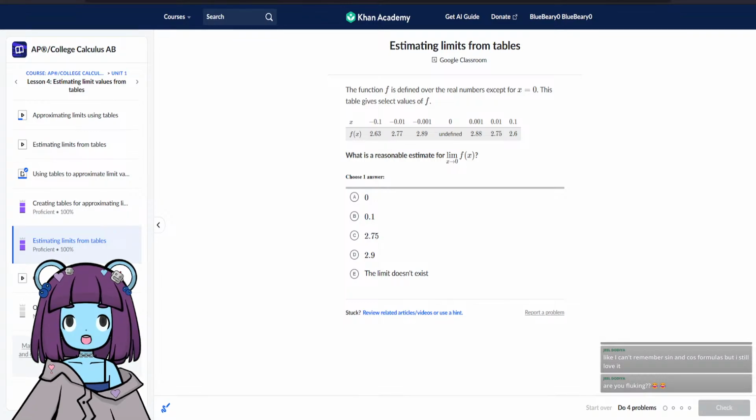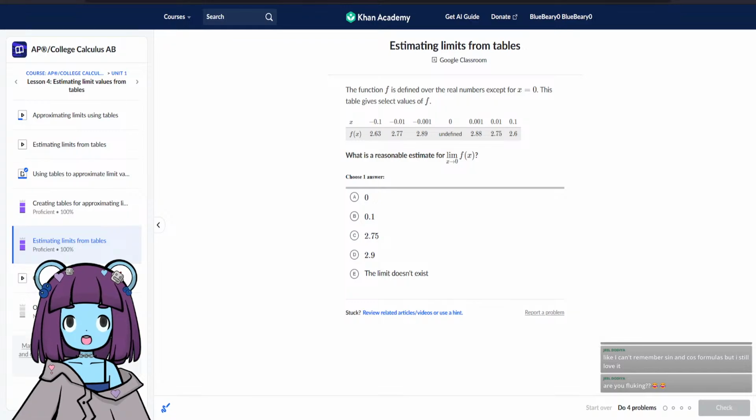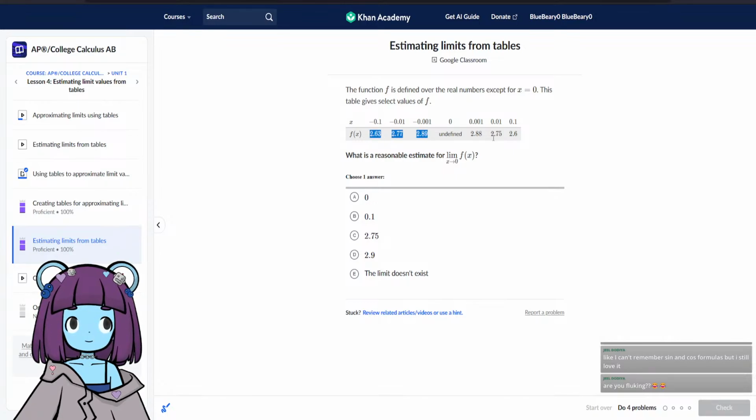The function f is defined over the real numbers except for x equals 0. This table gives select values of f. What is a reasonable estimate for the limit of f of x as x approaches 0? So we know that the actual value is undefined, but that's okay because if you look here, it seems like the values are increasing and then it decreases.